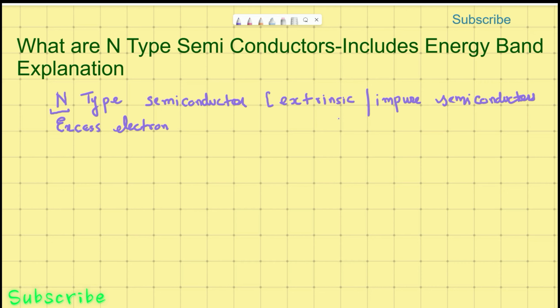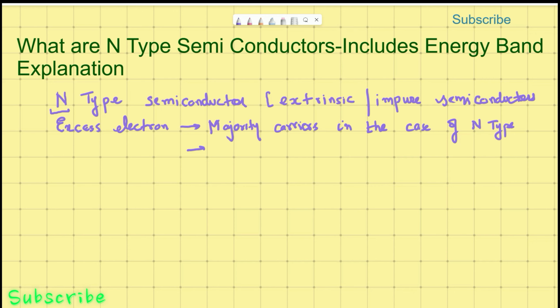These are the majority carriers in the case of N-type semiconductors: the excess electrons are the majority carriers.